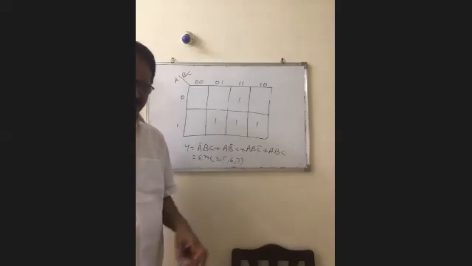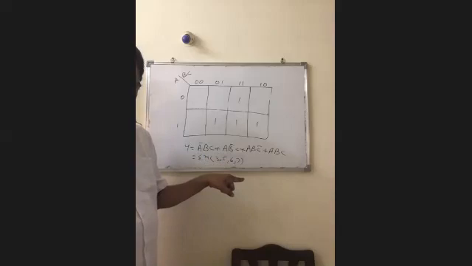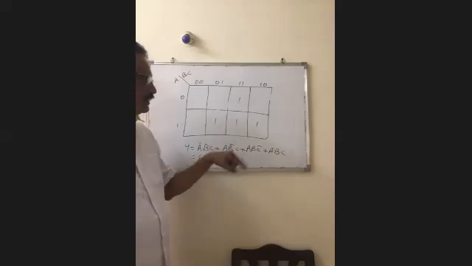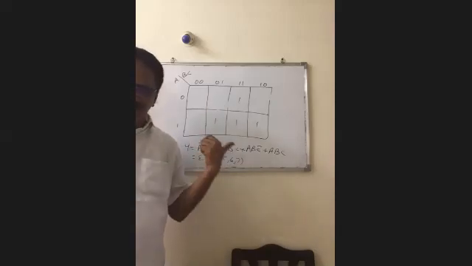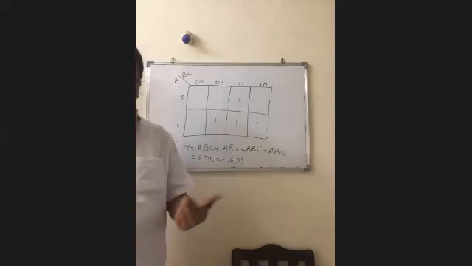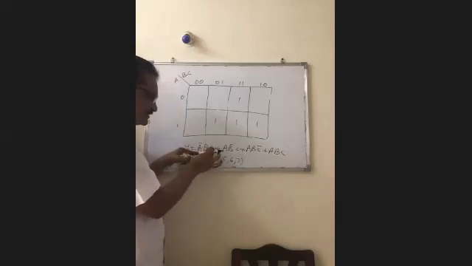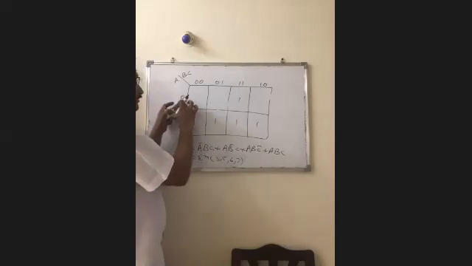Or in other words, first convert the given expression into canonical form to enter the ones in the cells of the K-map. Or directly we can enter. Observe A bar BC. A bar means A is 0. BC means B and C are 1 1. So 0 1 1, we have to enter.